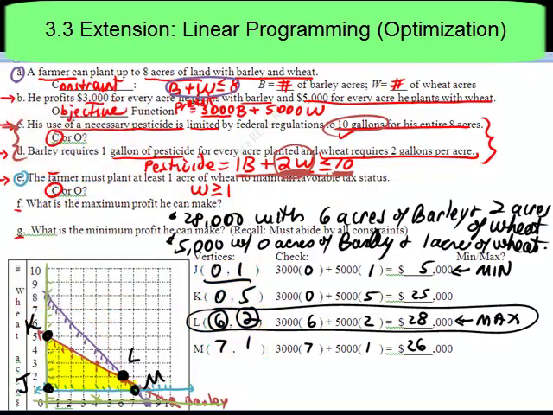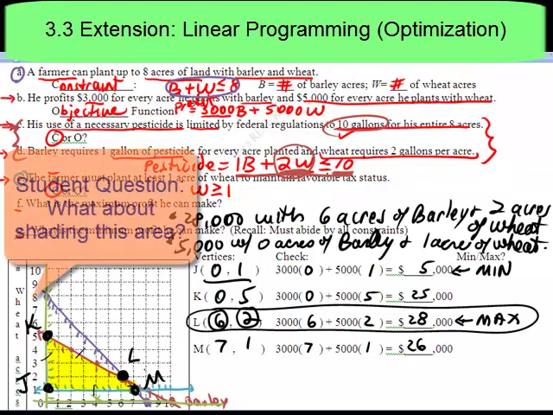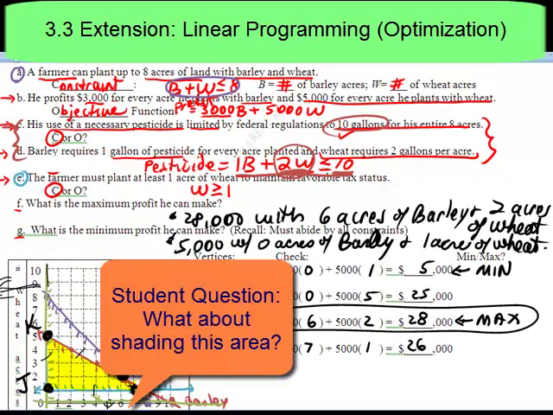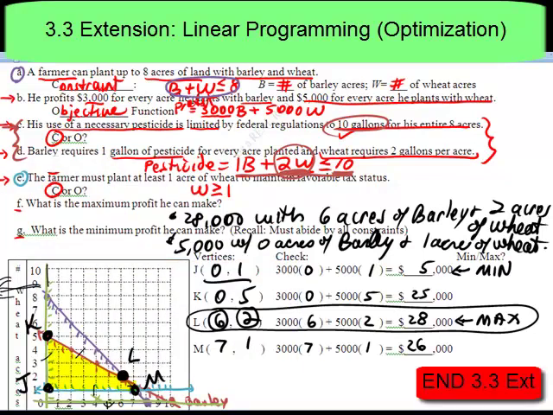You've got this green boundary, the brown boundary, this little purple one right here, and the blue one here. So you shade inside, and then you can see the 4 sides and therefore the 4 vertices. Well, you can't do negative acres. So you can't shade over here. You can't plant negative acres of barley. And below this, you can't shade negative acres. So that is linear optimization.